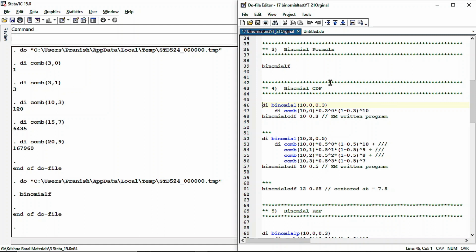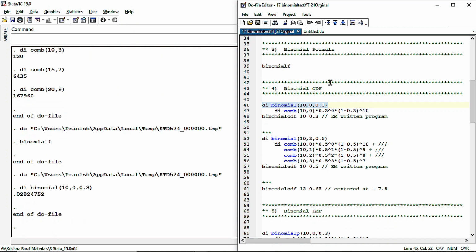So let us calculate the cumulative distribution function, and Stata provides the function binomial to calculate the cumulative distribution function of the binomial distribution. In the first example, we calculate the probability of 0 successes out of 10 trials when the probability of success is 30%, and this yields a very simple result, nearly 3%.